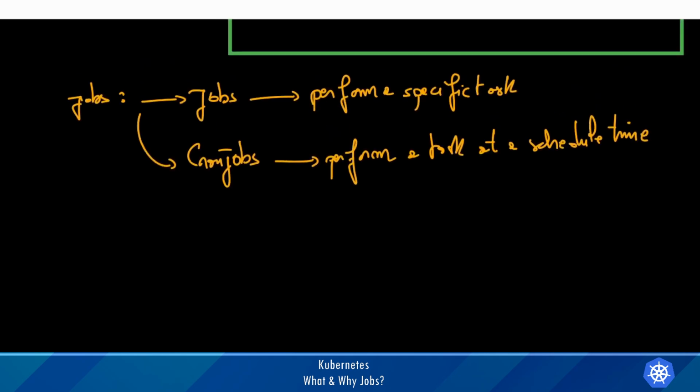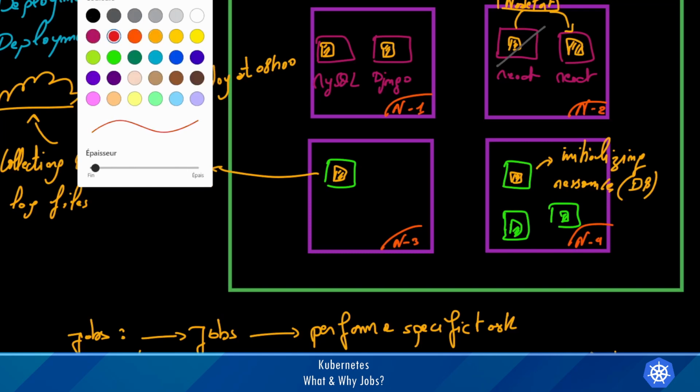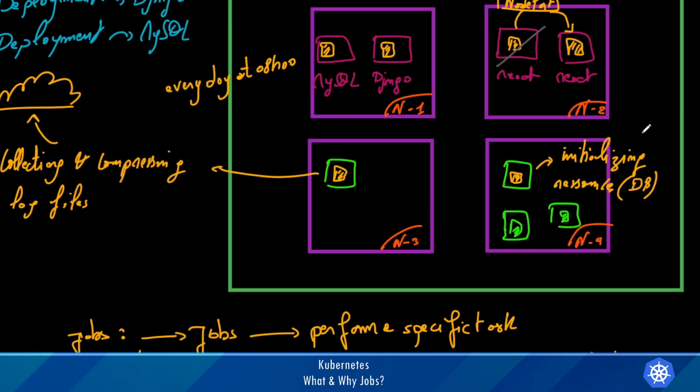So for example, to deploy the initialization application, we need to use a job controller. So here the solution is to use this type of jobs. But because we want to perform the log task by this application every day at 8 o'clock, here we need a CronJob. So here the solution is to use CronJobs.